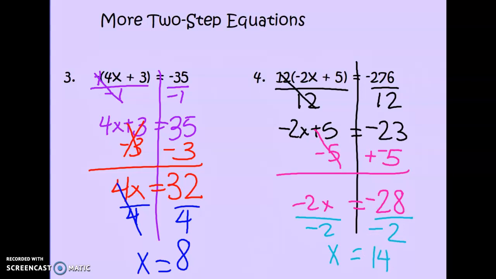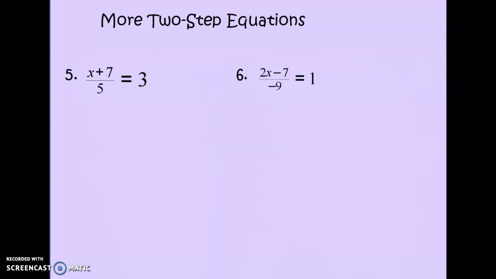Now let's look at a different type of problem. These are where we're dividing an expression by a number. It's kind of like if we were to rewrite this, it would look like this, meaning we would have to take this entire expression and divide it by 5 before we could solve it, okay? So what we need to do is first get rid of that 5.